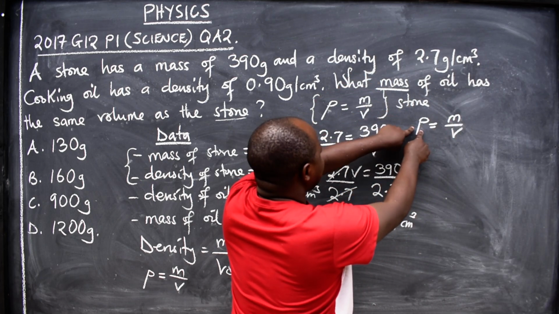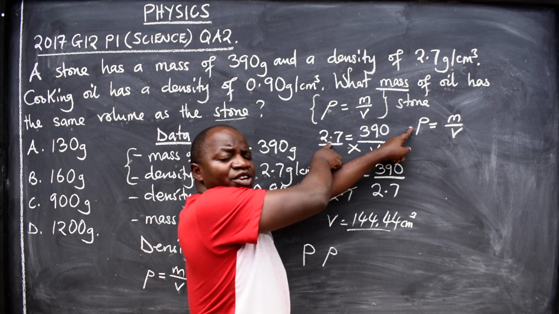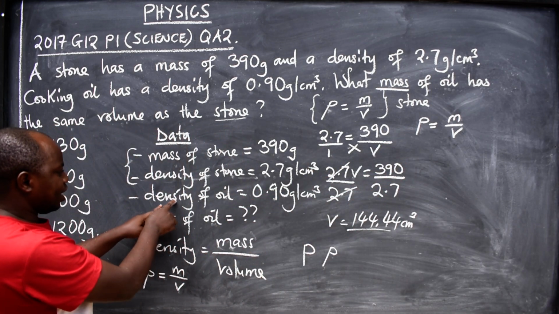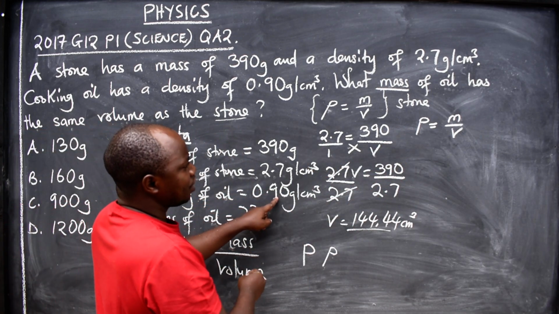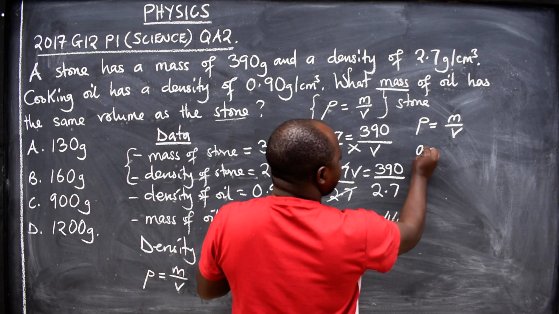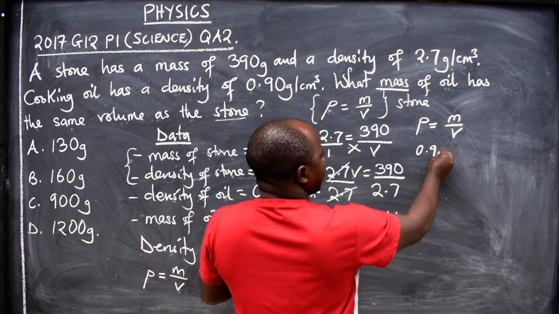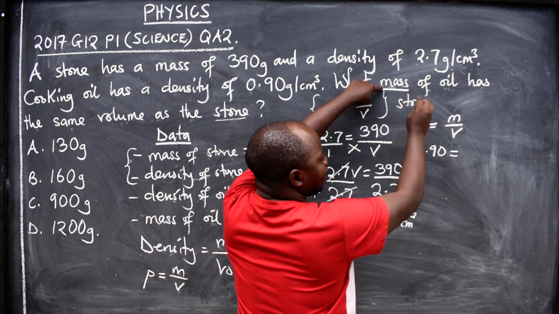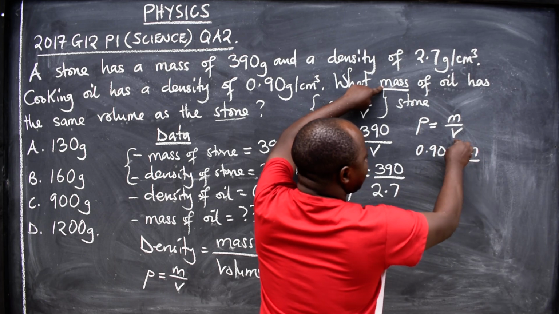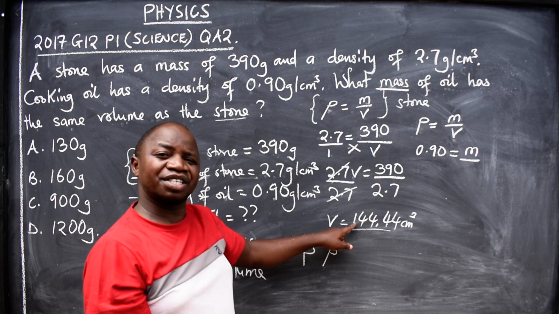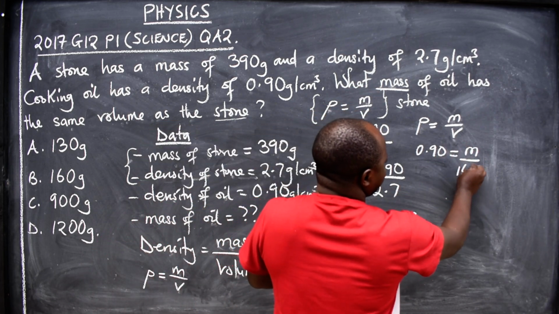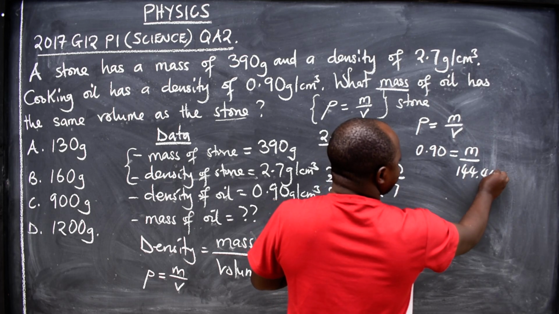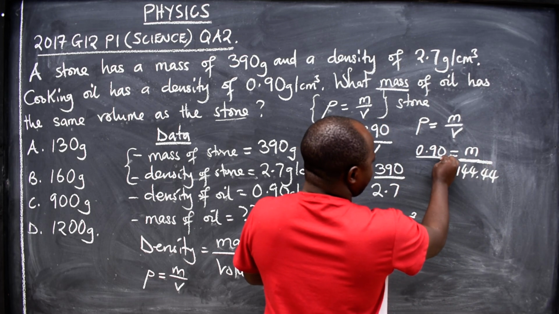What will be the density? Am I going to use this density? No. We have been given the density of oil 0.9. So you get this 0.90 is equal to, mass is the one that I want. So mass over volume, I've been told that the volume is the same. So this will be 144.44, like this, then over 1.